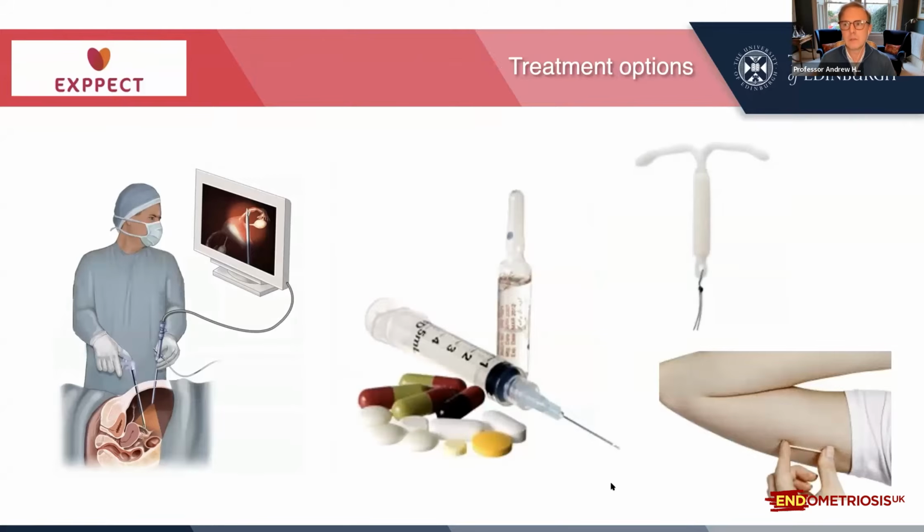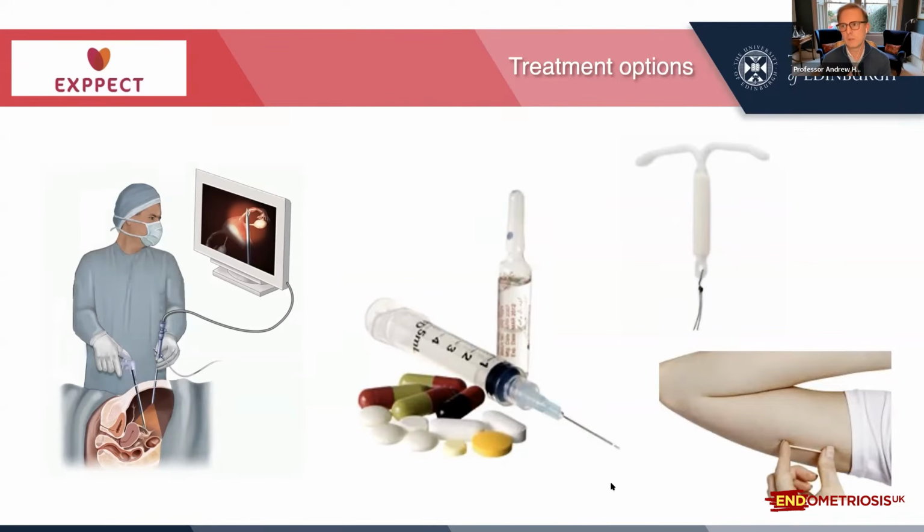And how is endometriosis treated? Well, broadly speaking, it can be treated with painkillers, over-the-counter painkillers, but within the hospital setting or within the general practice setting, it's either treated by surgery to remove the disease or by treatment with hormones which stop the ovaries producing estrogen, because we know that estrogen from the ovaries seems to drive the endometriosis development.